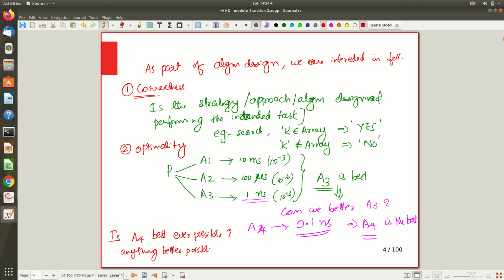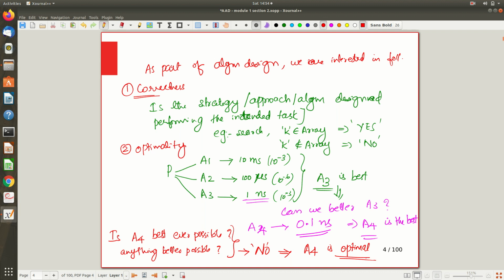Okay, so you can think about it, and suppose you got the answer as no, then you can conclude that it's not possible to come up with an algorithm which is better than A4. Suppose you know it or you proved it somehow, this is the point you can say that algorithm A4 is optimal. So this is about the notion of optimality, okay.